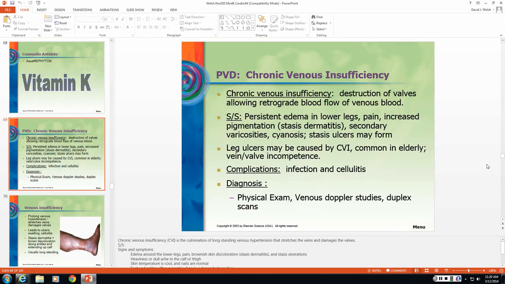Now, the leg ulcers may be caused by chronic venous insufficiency. They're usually common in the elderly, and it's usually caused by vein and valve incompetence. Now, complications are going to be infection and cellulitis.